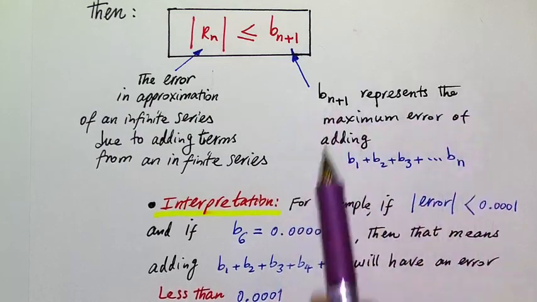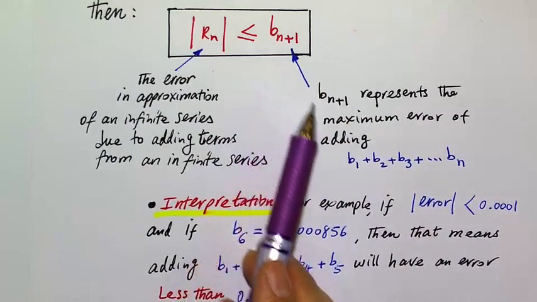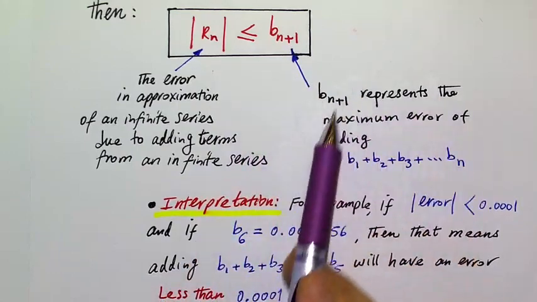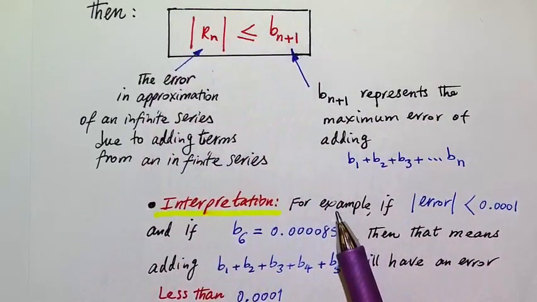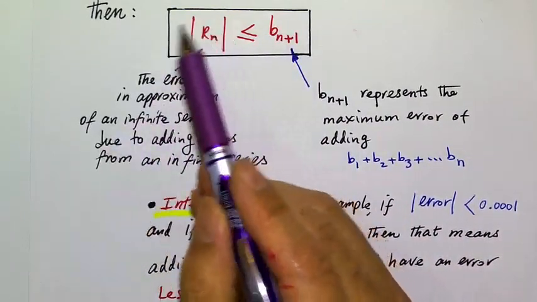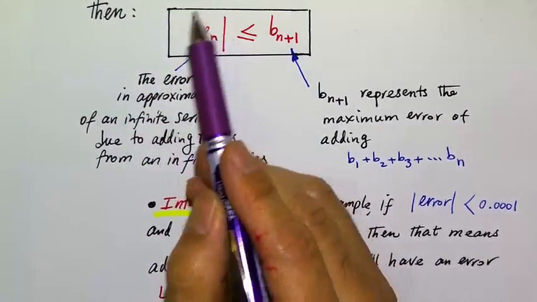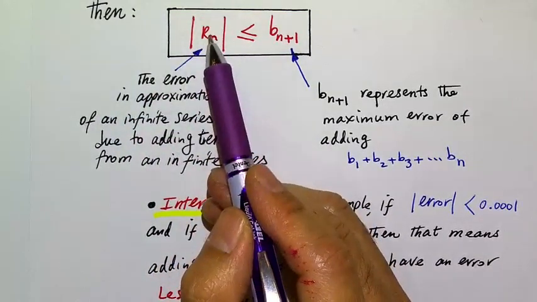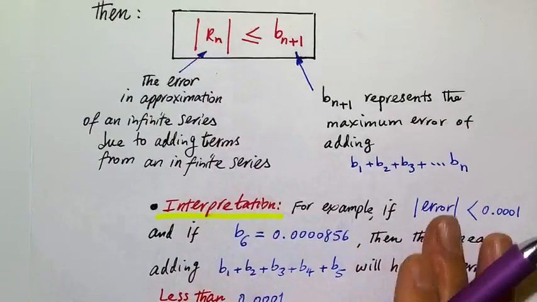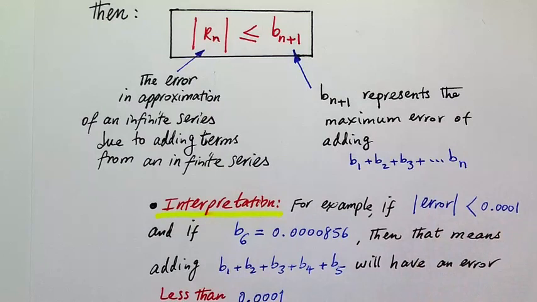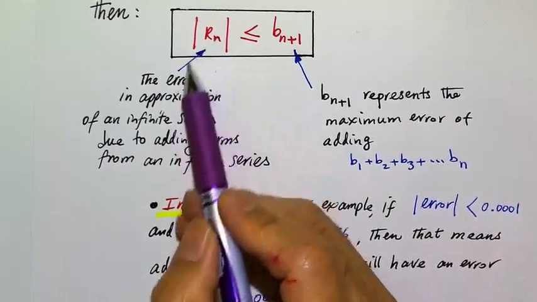This is very important. Please make sure you understand specifically what this is saying. This left side, I've tried to explain it here, just represents the error that we inevitably have if we try to approximate an infinite series with a finite number of terms from it, right? So inevitably we will have error. That's all that is saying.